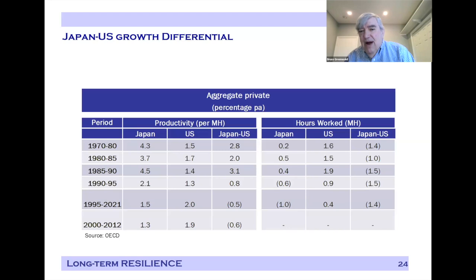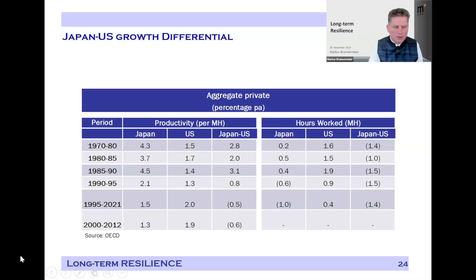It is an issue of productivity growth that was 3% higher than the US and is now 0.5% below the US. This is a problem of failure to adapt to changing productivity conditions. This is not a problem of demand or demographics. And it's striking to me that nobody bothered to do this decomposition.